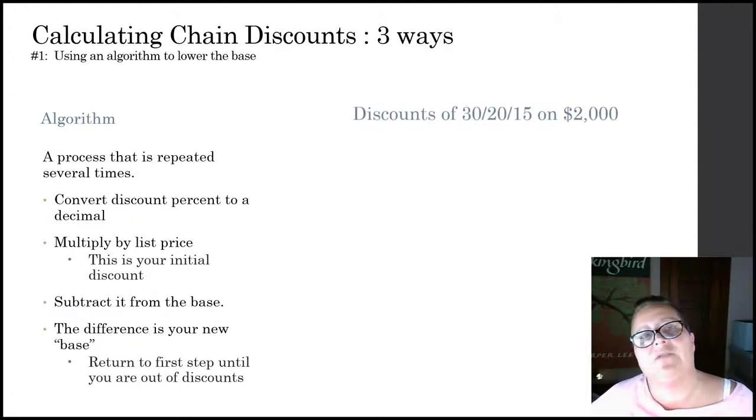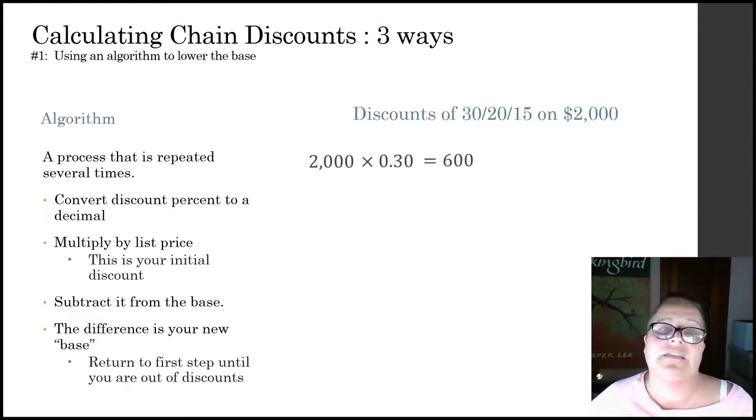We're going to have discounts of 30, 20, 15 on $2,000. It's worth noting that this means we're going to get a 30% discount, then a 20% discount, and our last discount will be 15%. So the first 30% discount, we will take our list price of $2,000 and multiply it by 0.3.